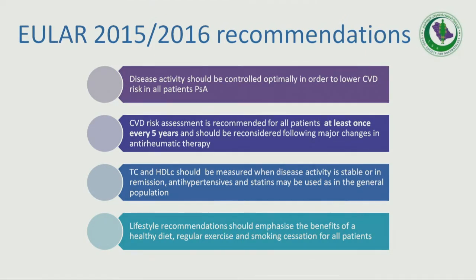The assessment should ideally be at least every 5 years. This can be changed: if you find your patient at high risk, treat him immediately. If your patient is at low or moderate risk, you can screen him sooner, within 1 year. And if you change his therapy, you should again screen your patient for comorbidities.